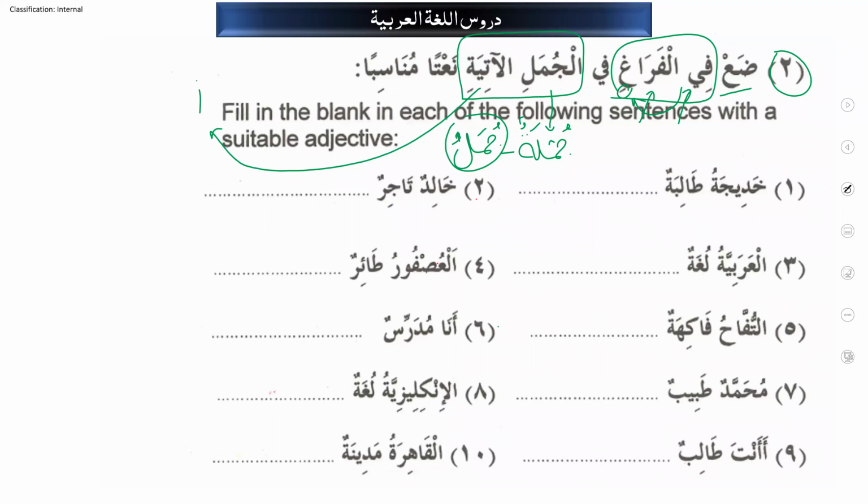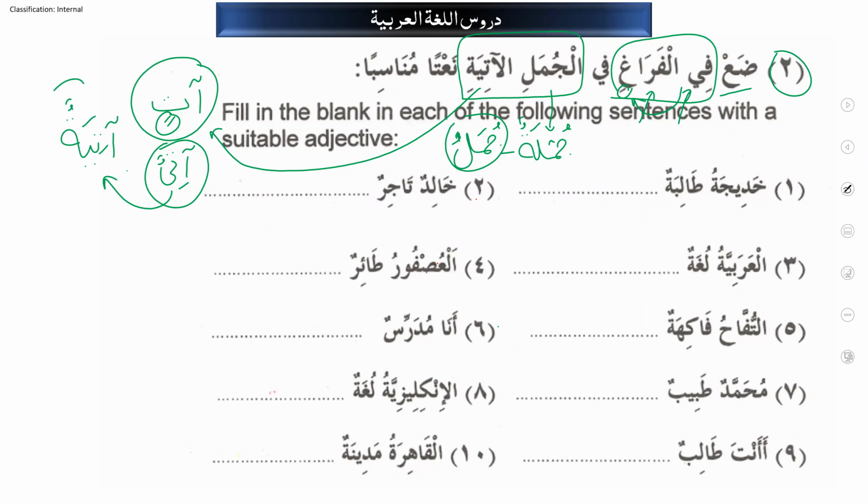It is from its masculine atin. For example, anta atin, I am saying to some masculine person, you are coming. It means coming. Actually, it was atiyun, so it became atin due to some reason that we'll learn later. The feminine of atiyun is atiyatun.